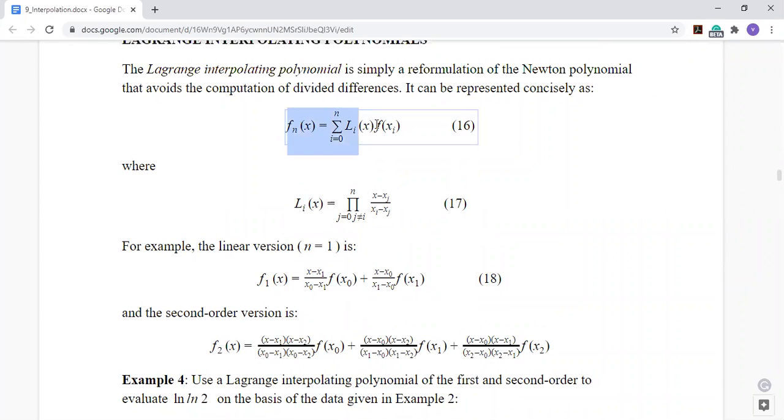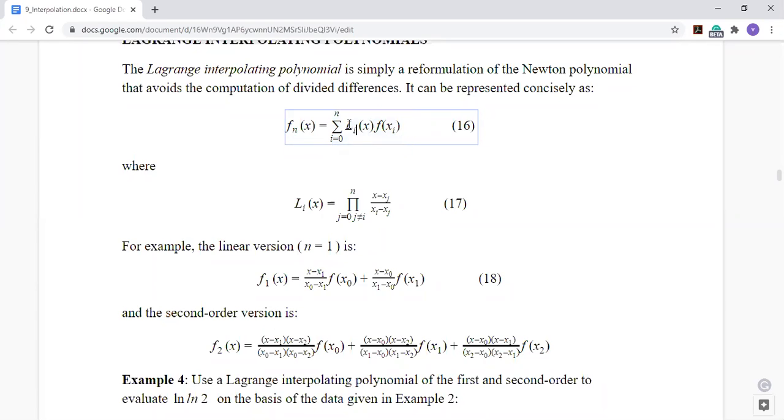This is the general expression of the equation you derive, where n is the order of the polynomial. To calculate the value of x, which is unknown, this is the general expression: it's the summation of Li of x multiplied by f of xi.